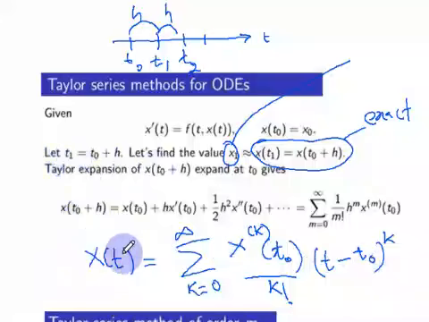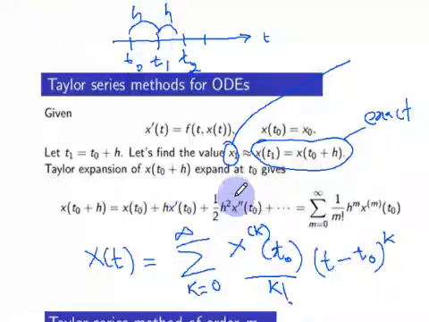When you substitute, the left hand side becomes x of t naught plus h, and the right hand side becomes, the first term is h times the first derivative of x evaluated at t0 divided by factorial 1, which is 1.